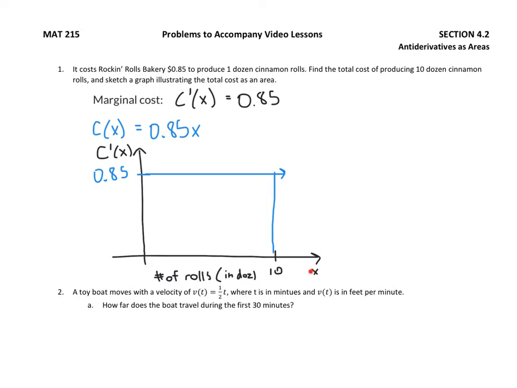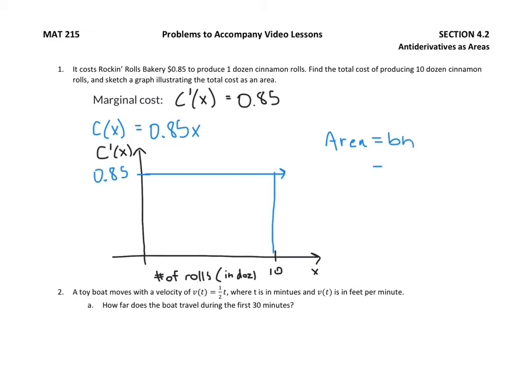And here, keeping in mind, our variable x represents the number of rolls being produced in dozens, and C prime of x represents the cost. So if we want to calculate the area of this rectangle, recall the area of a rectangle is given by base times height.